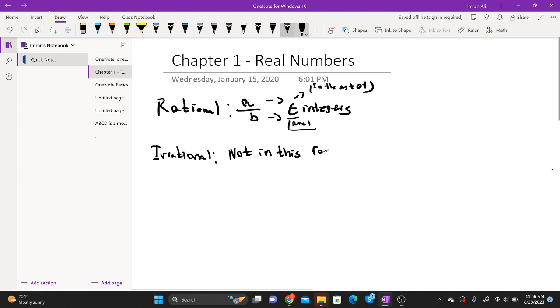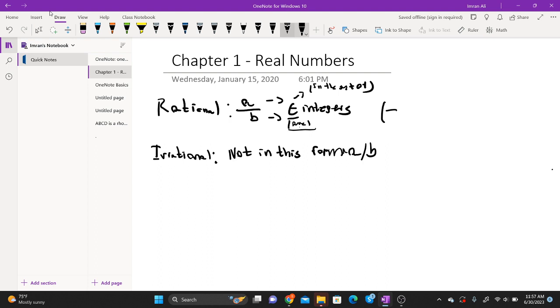So they cannot be written in the form a over b, with a and b integers. And now we should do examples of rational and irrational numbers so you can understand.